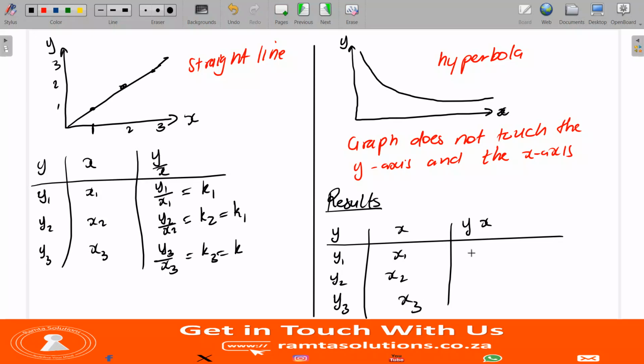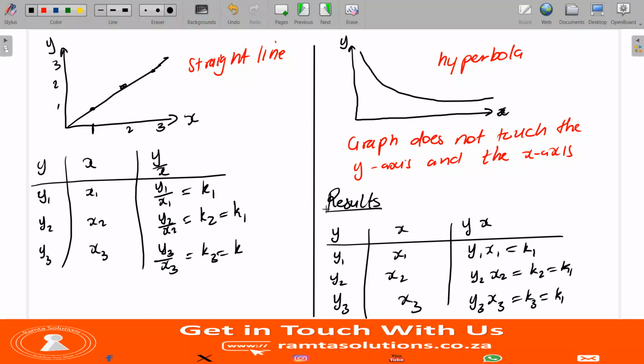So y1 times x1 is equal to k1, and then y2 times x2 is equal to k2, but we find that k2 is equal to k1. Then y3 times x3 is equal to k3, and again k3 is equal to k1. Now, when your data is like this, you will say the product of the two values is the same, no matter what point you're looking at.